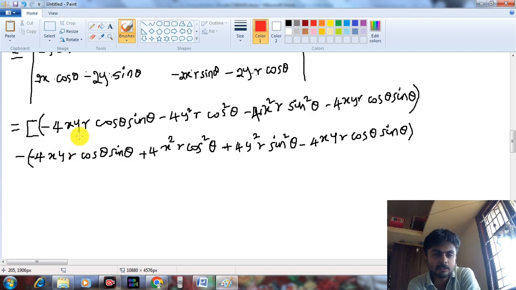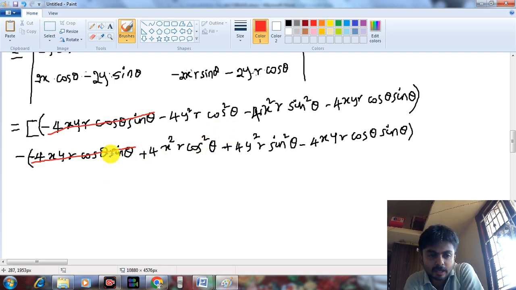So here also 4xy or cos theta sin theta, here also minus 4xy or cos theta sin theta. I am just striking it out, because the second half will become plus.